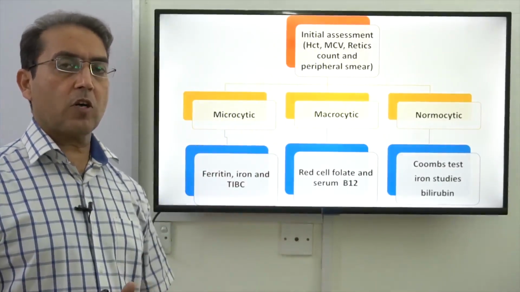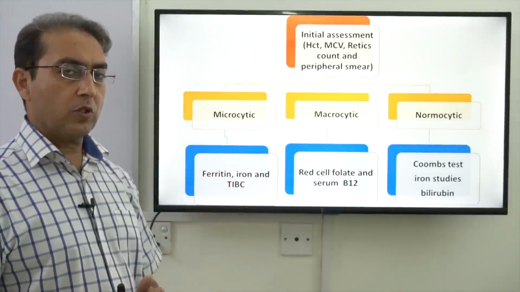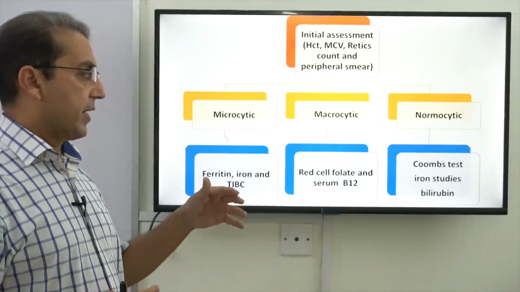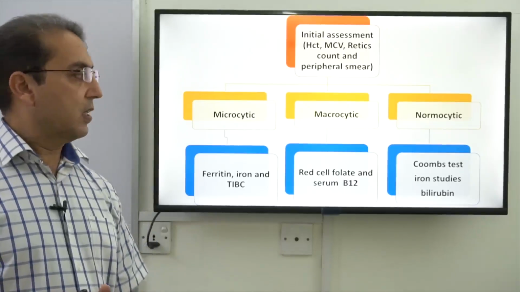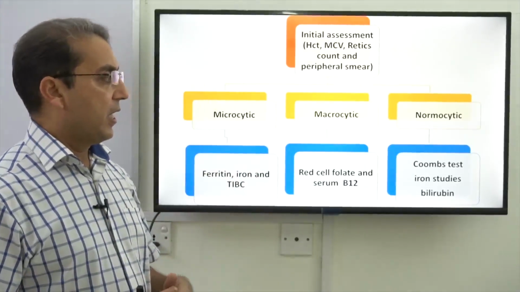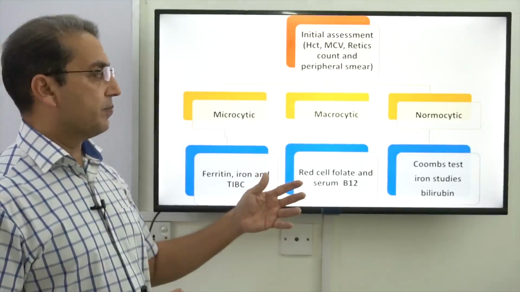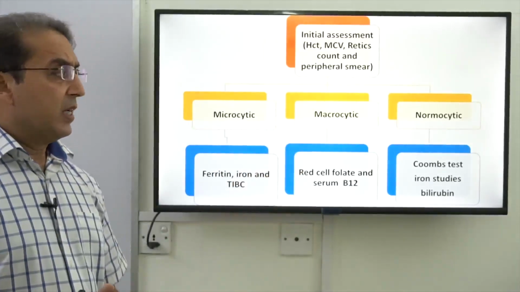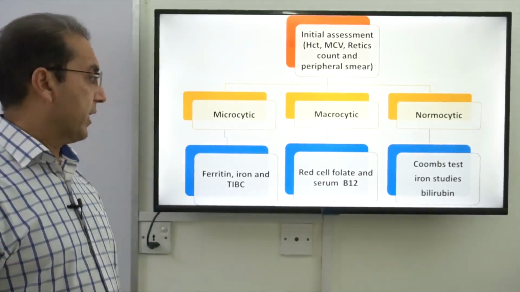Red cell folate is not available in most labs, so sometimes we use serum folic acid levels. But the red cell folate is the actual parameter which tells us the state of folic acid deficiency. In normocytic anemia, we can go for the Coombs test, iron studies, bilirubin, inflammatory markers, and we can go for renal function testing as well.